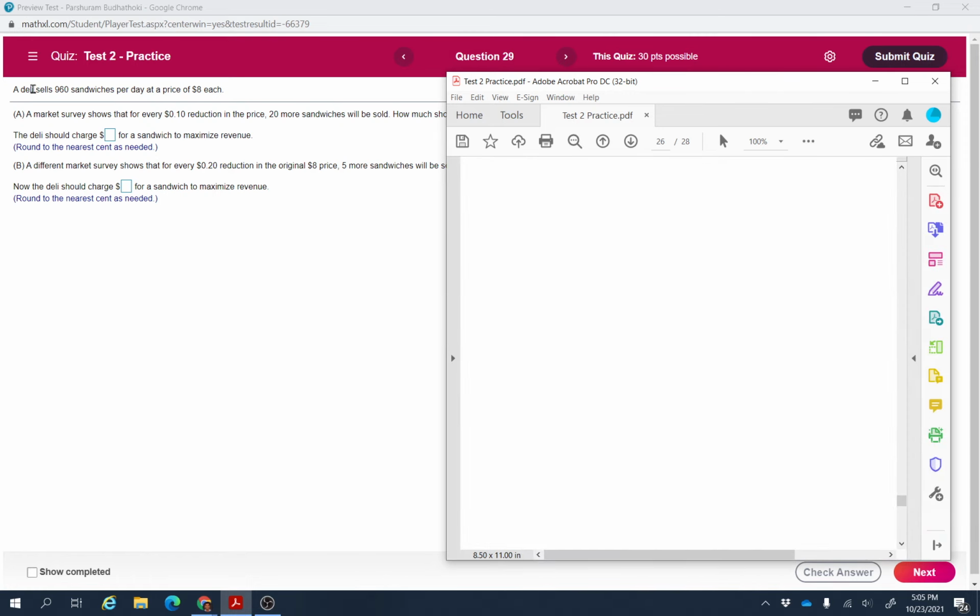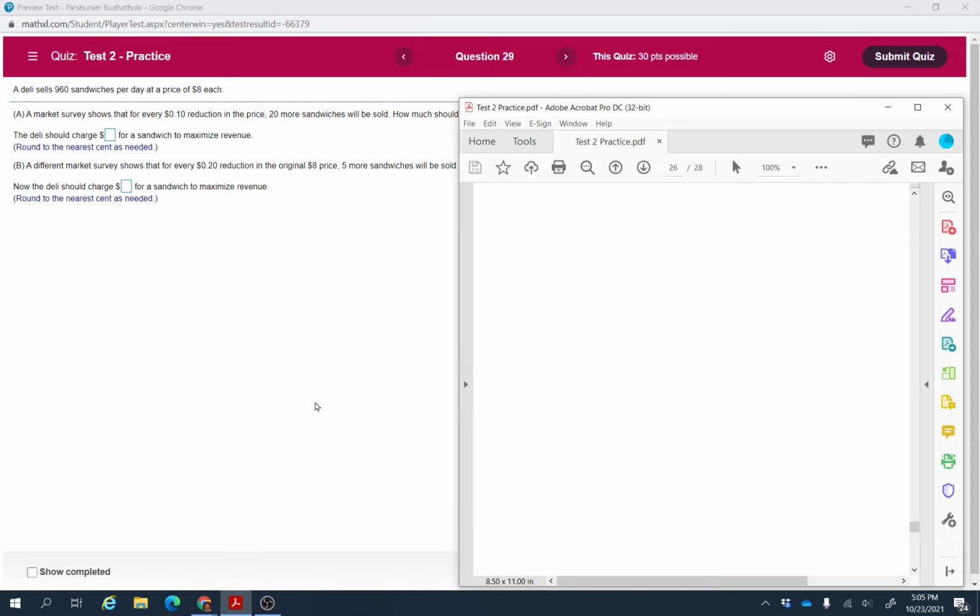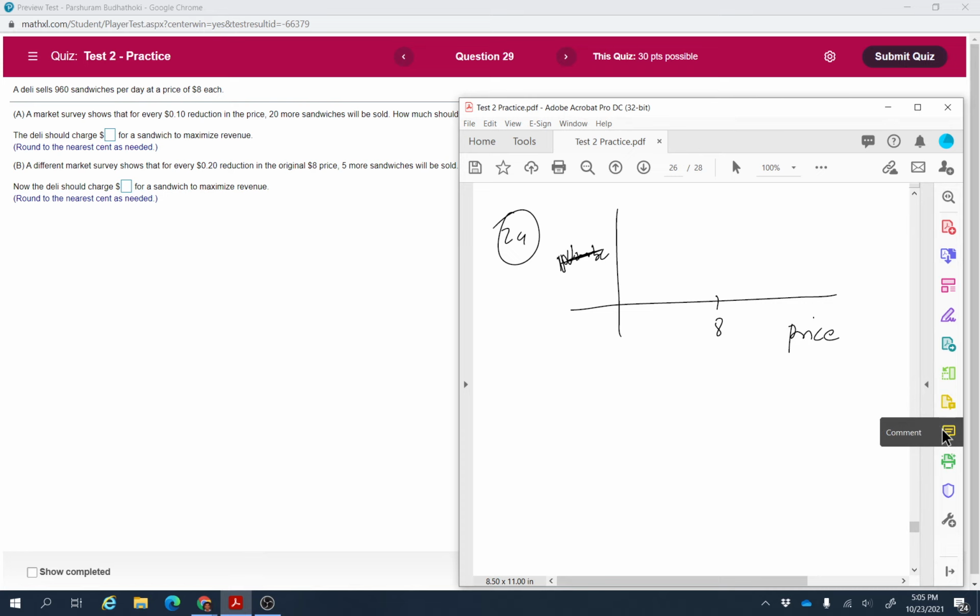It says a deli sells 960 sandwiches per day at a price of $8 each. This is problem 29. Let's say x is the price and y is the number of sandwiches sold.